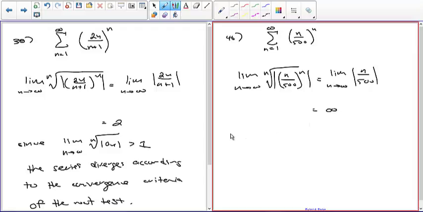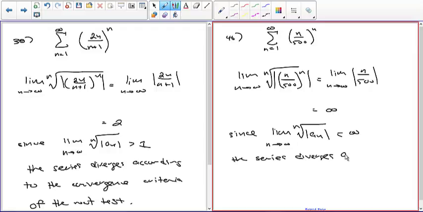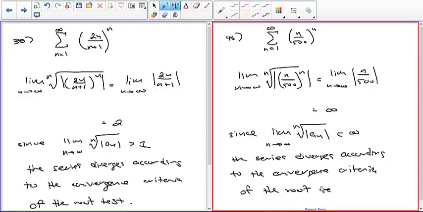So since the limit as n goes to infinity of the nth root of the absolute value of a sub n is equal to infinity, the series diverges, using the same words here, according to the convergence criteria of the root test.